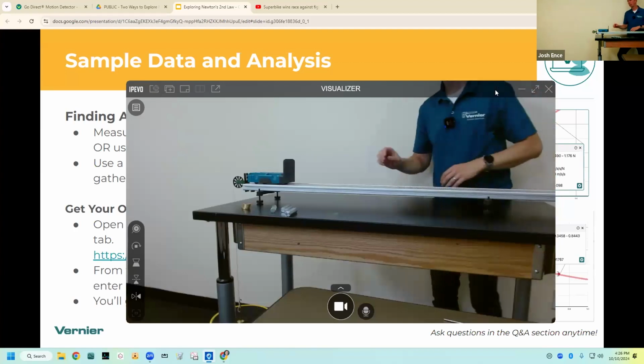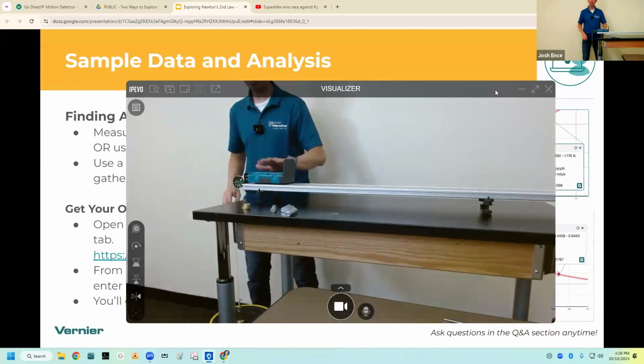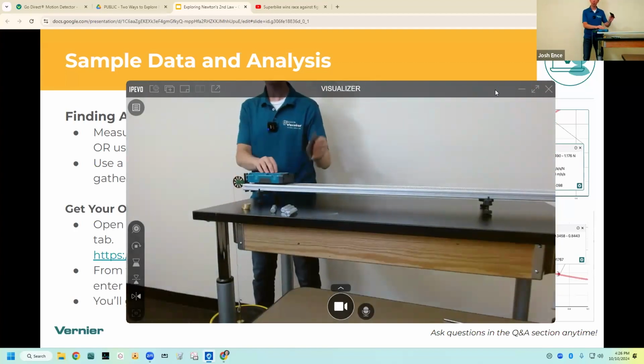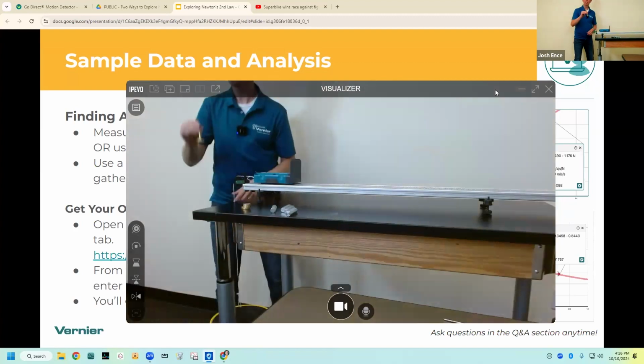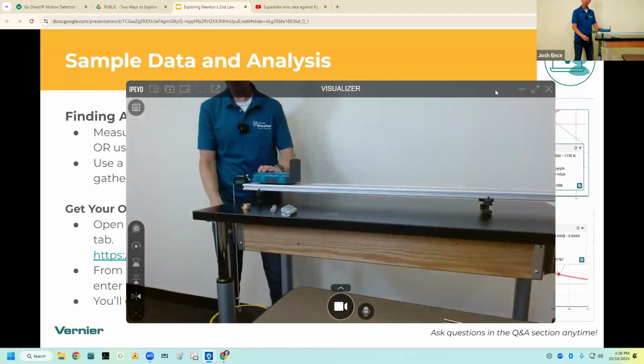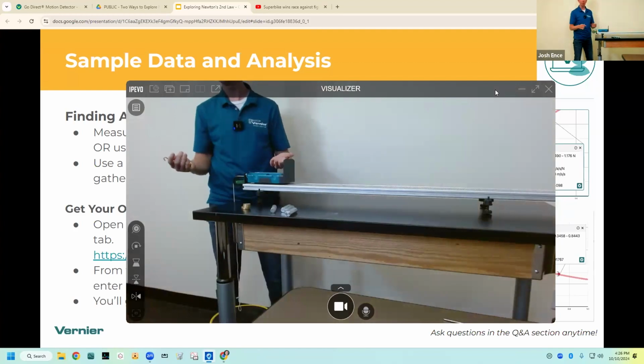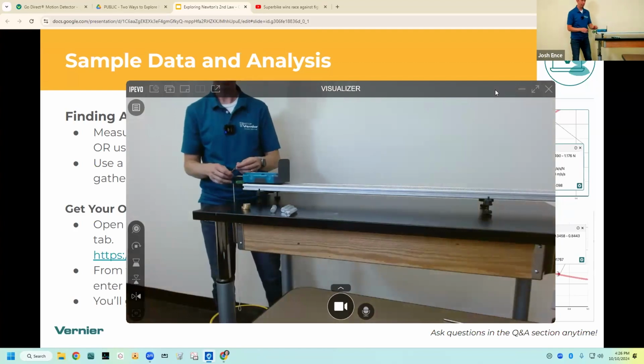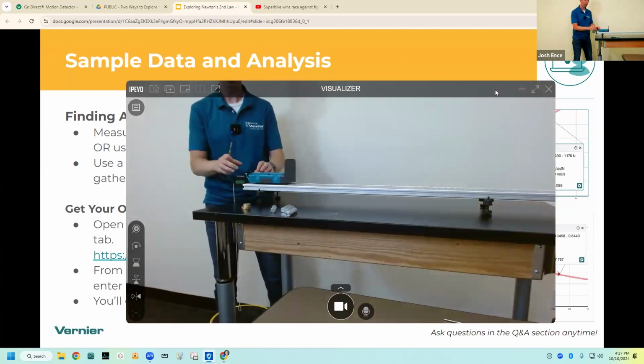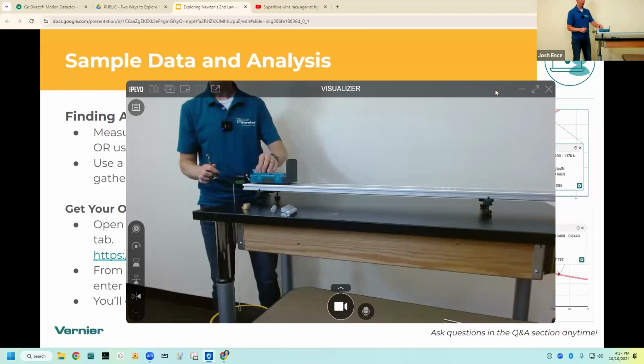All right. So I've got my dynamics cart. It's got this little reflector on it. I have a string. I'm going to connect it to my cart. And then I've got a hanging mass over here. I actually have a little step stool down below to catch my hanging mass. Usually you're doing this in a lab group, so you've got somebody to catch the hanging mass for you. I have a piece of tape on top of my cart.